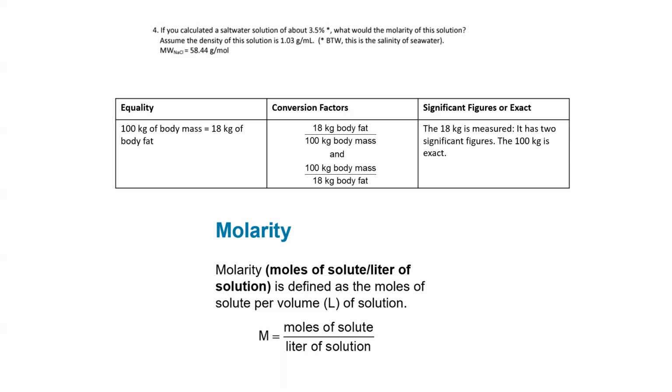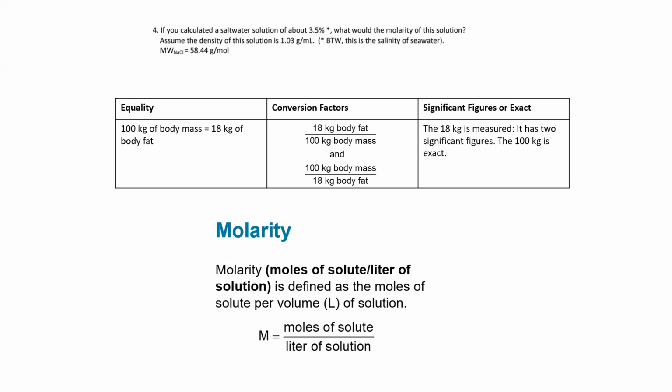That's important because that's our starting point for this problem. Right now we have grams of salt over grams of solution, and it wants the molarity of the solution. Molarity is defined as the moles of solute divided by the liters of solution. So we need to get the numerator, which is currently in grams of the solute, sodium chloride, into moles of solute.